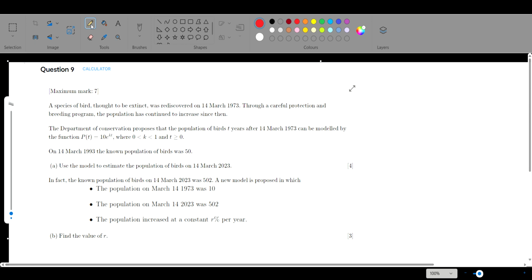From 73 to 93, how many years? 20 years. For 20 years, the population reaches 50. So that can give you the value of k, right?